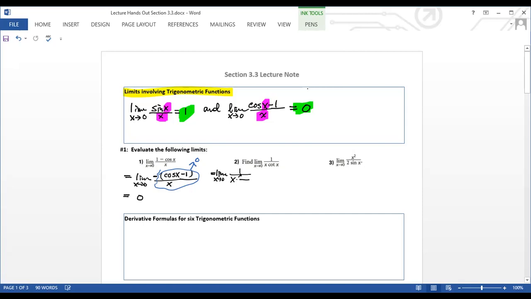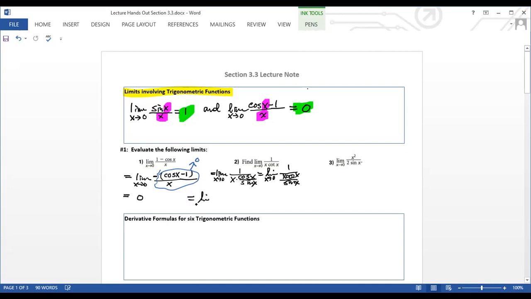Cotangent is cosine x over sine x. So you have the limit as x approaches 0 of x cosine x over sine x, and then you flip it.